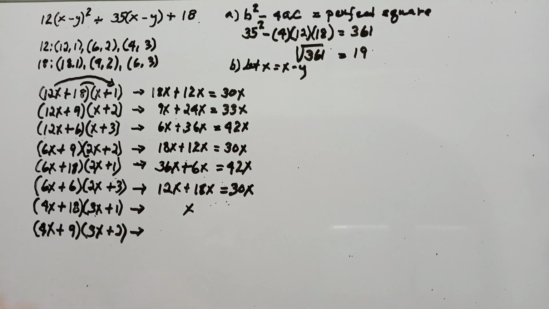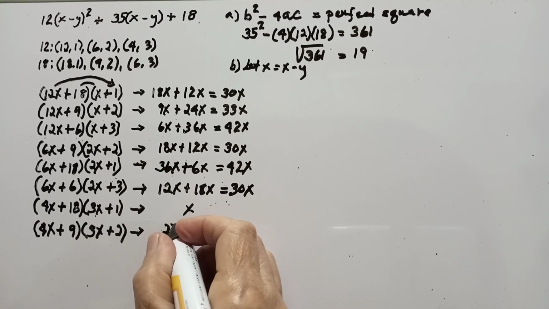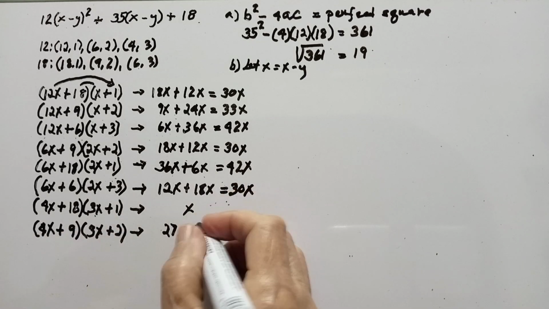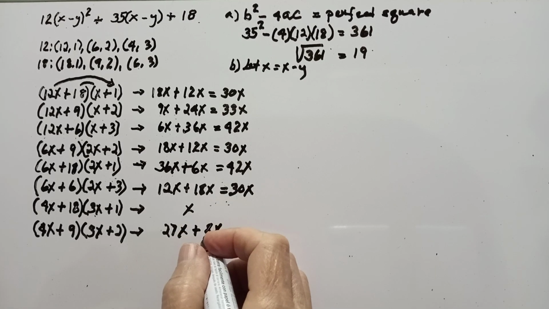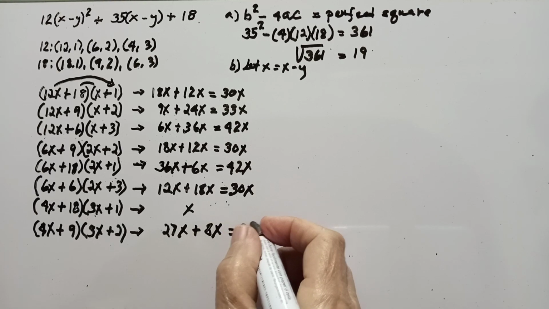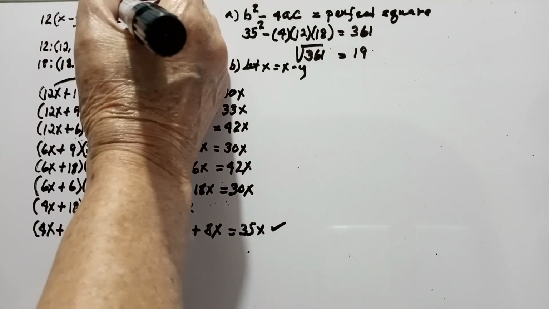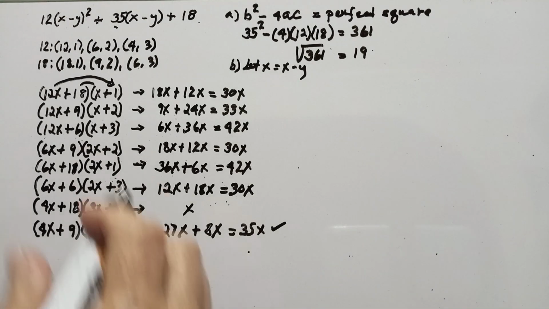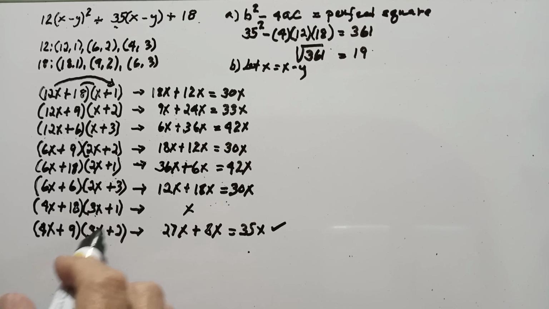So this would now be 9 times 3 is equal to 27x plus 4 times 2 is 8x. You add 27 and 8, that is 35x. Okay, now we get the middle term. Therefore, our factors now are this, 4x plus 9 quantity times 3x plus 2 quantity.